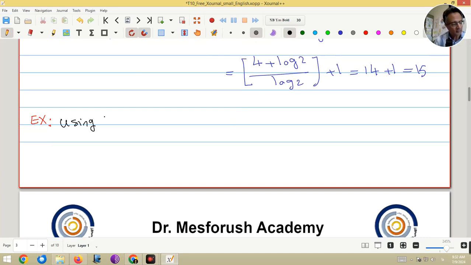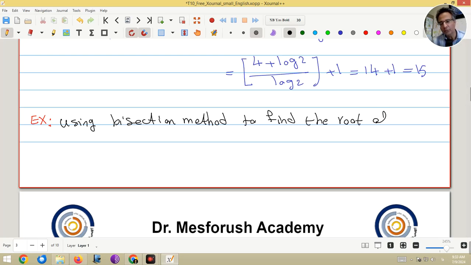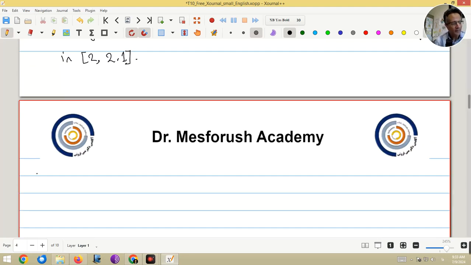The problem is using the bisection method to find the root of x + tan(x) = 0 in the interval 2 to 2.1.